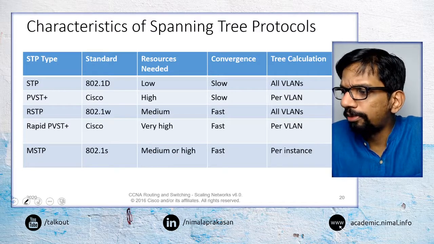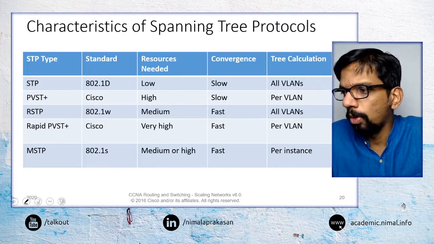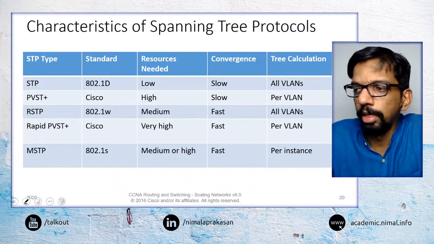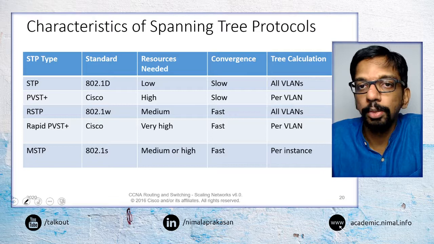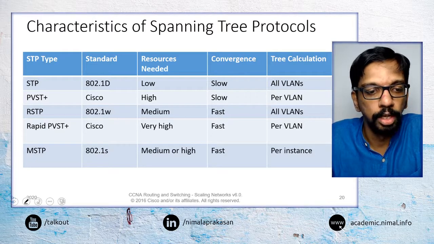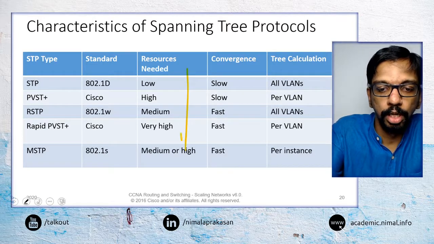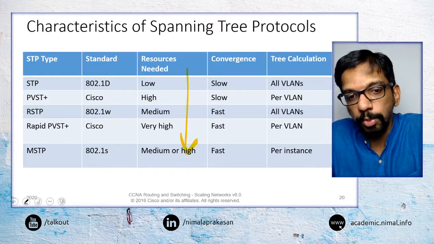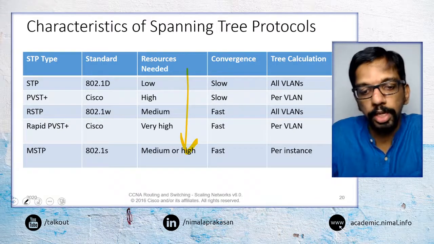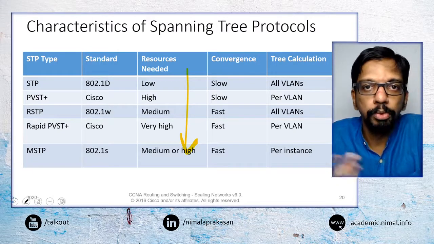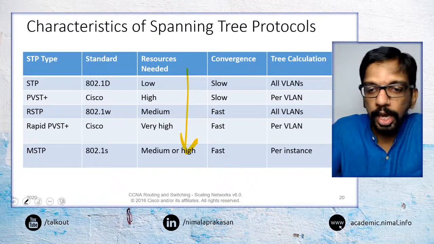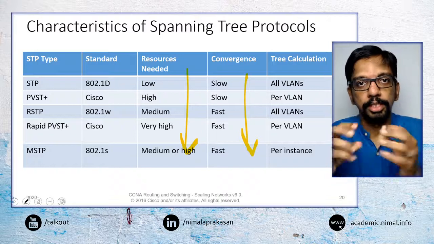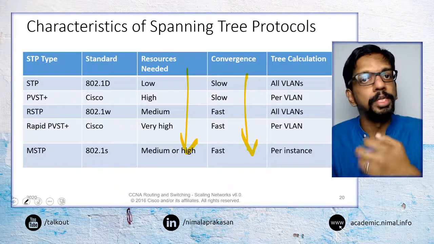There are a number of differences between these protocols as well. For example, the resource requirement is significantly different. Some of the latest protocols require very high resources for processing, but at the same time, they can reach convergence, that is, identify the root bridge, very quickly.